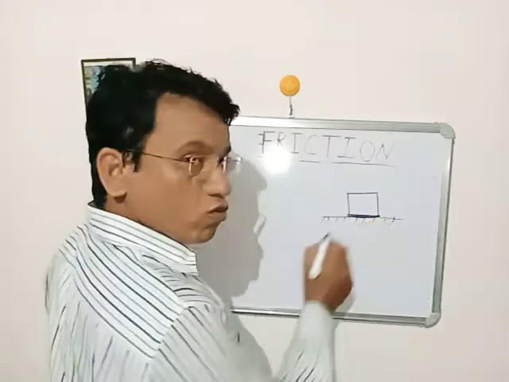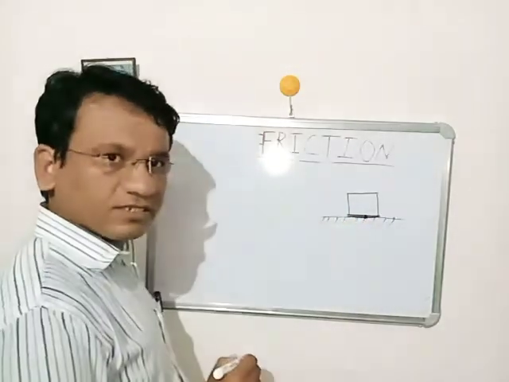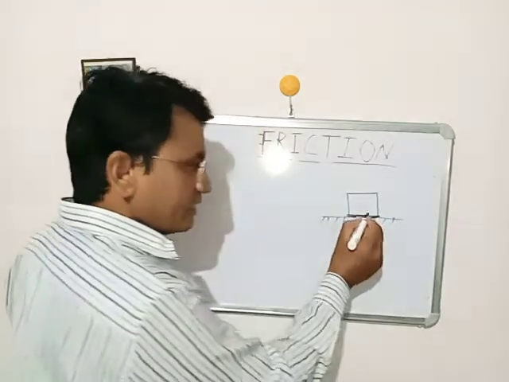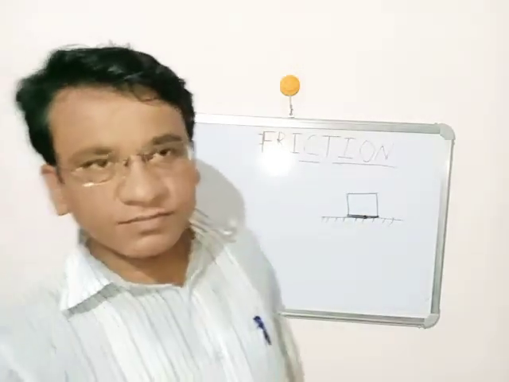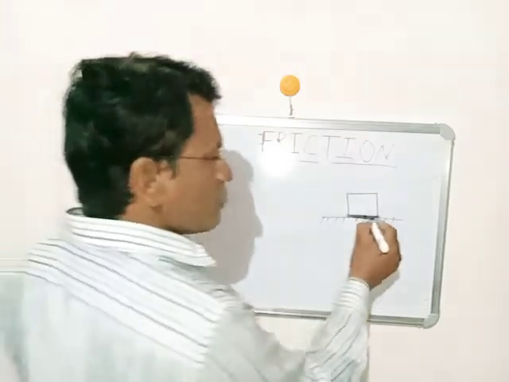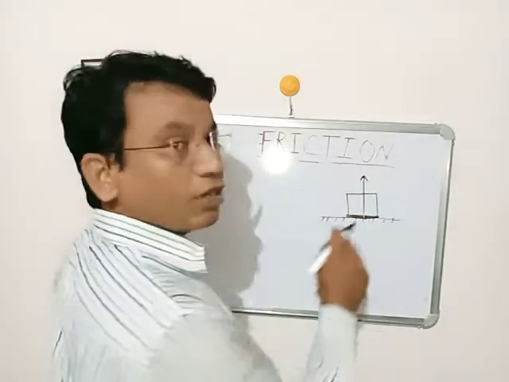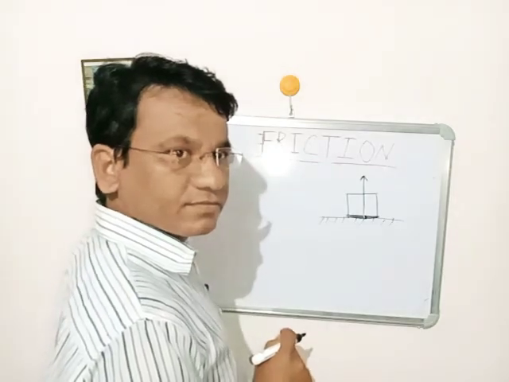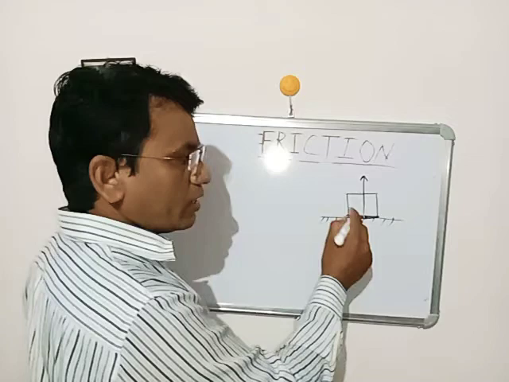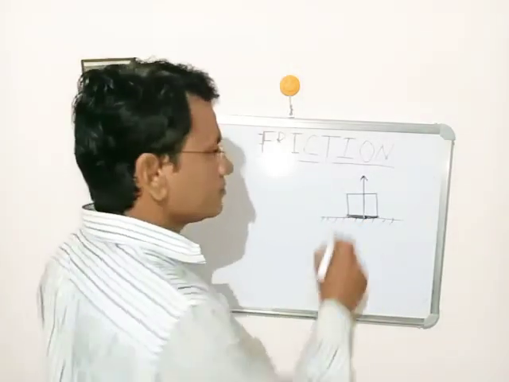So a contact force will be developed between those contact surfaces. That contact force has two components. One component is perpendicular to the contact surface. That perpendicular component is called the normal force.